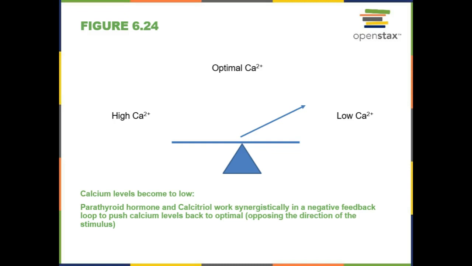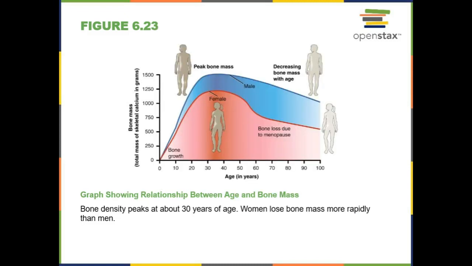Now we have more calcium in our blood. Parathyroid hormone causes osteoblasts to slow their activity, so we stop building bone up, and it causes osteoclasts to start resorbing bone, breaking bone down, which releases more calcium into our blood. This again brings calcium levels back to optimum.